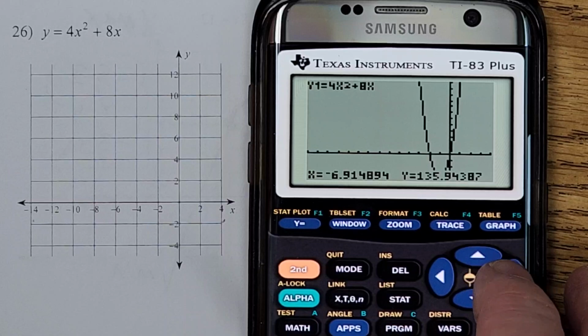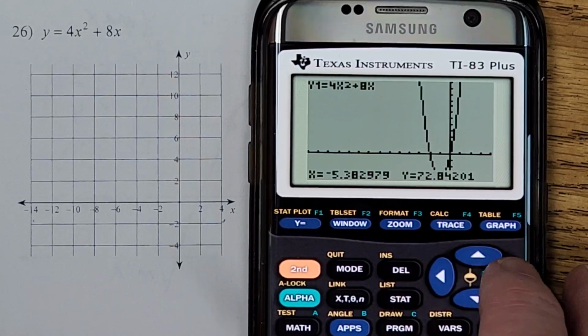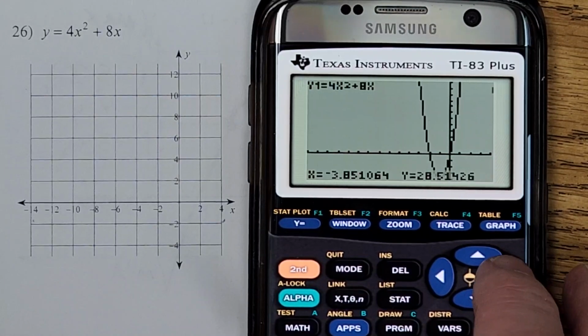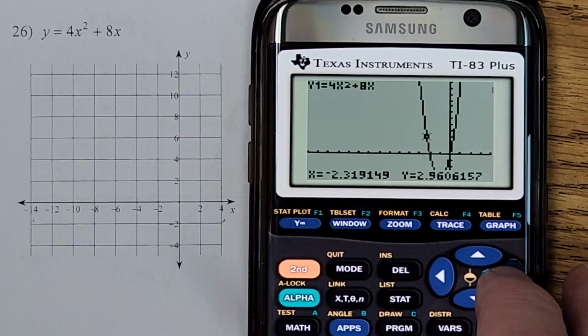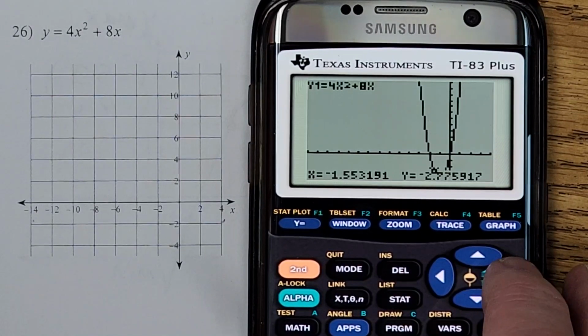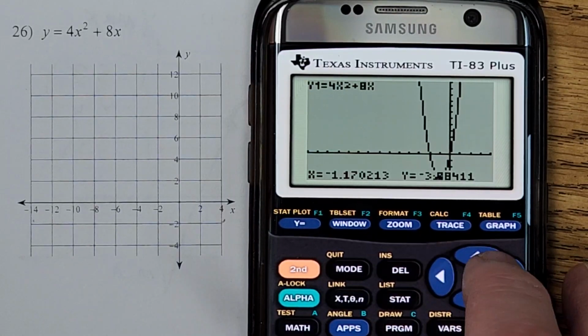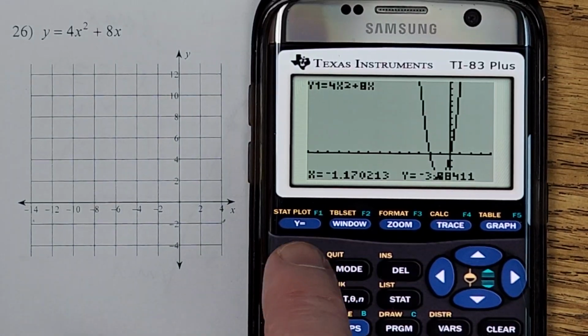But one thing you can do is look at the y value and see whether it's getting bigger or getting smaller. So there's the blinking. Okay, so -2, and it looks like -1, -4 maybe. -1, -4. So let's go to the table.